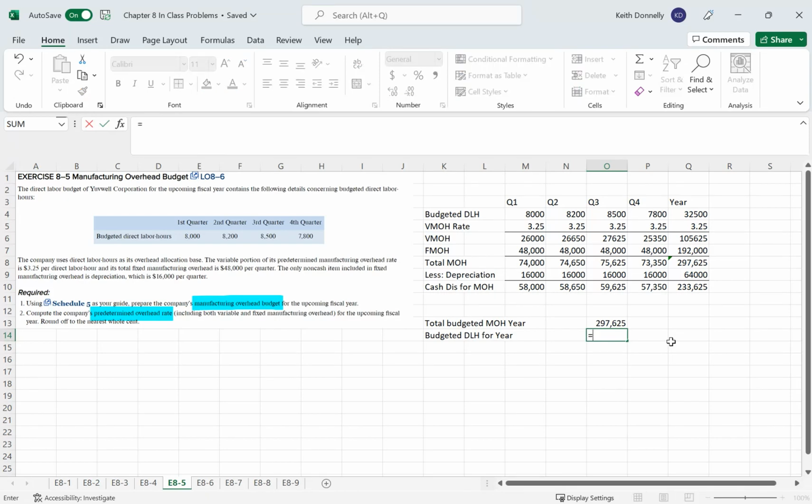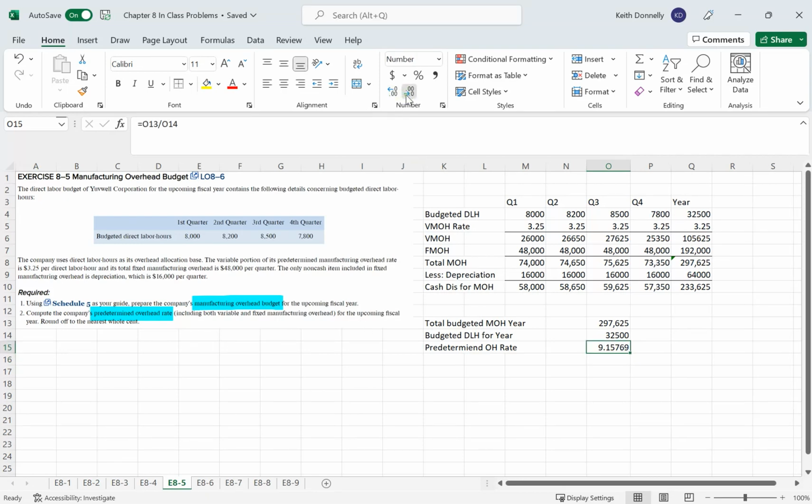Okay, that's going to be 32.5 right from up here. We would calculate our predetermined overhead rate. All we would do here is take the 297 divided by the 32.5. If you round that up, roughly $9.16 per direct labor hour. Okay?